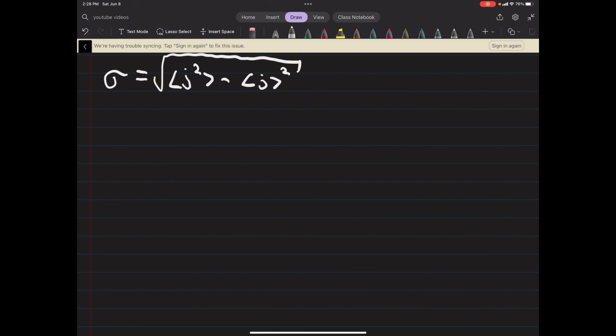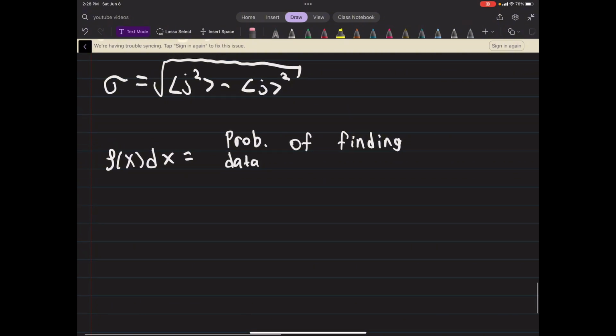So first off, there is this rho of x dx, and all that this is, is the probability of finding your data between x and x plus dx.